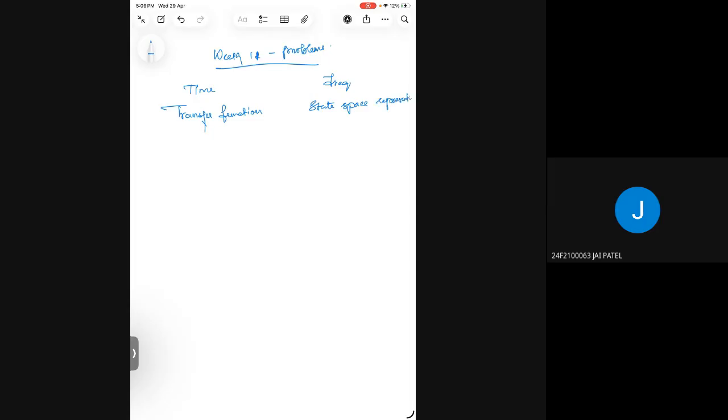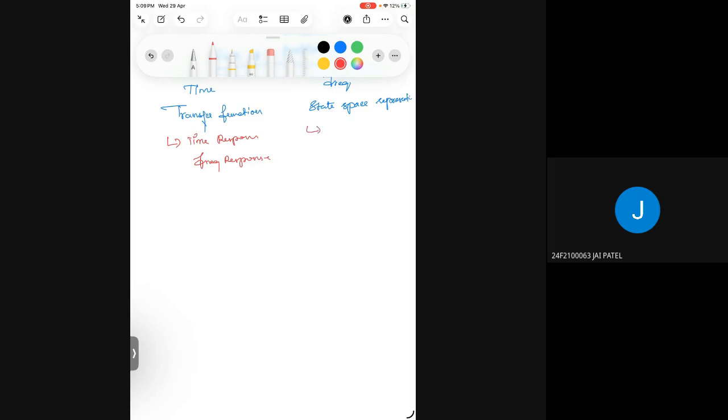So these are different kinds of representations, right? In the transfer function based analysis, we have seen time response and frequency response. Here, state space will mostly be in continuous and discrete form.